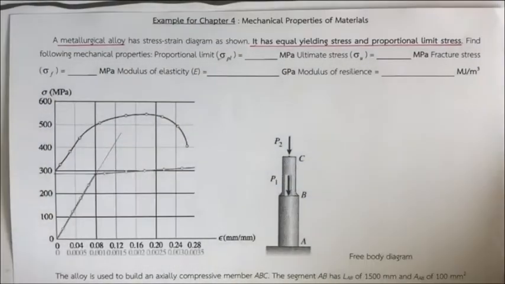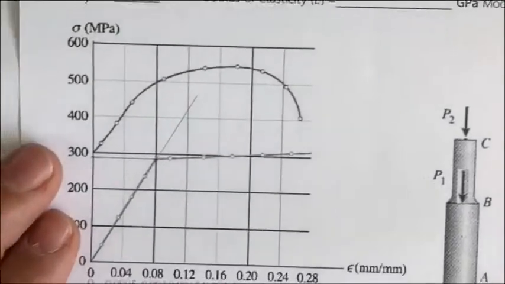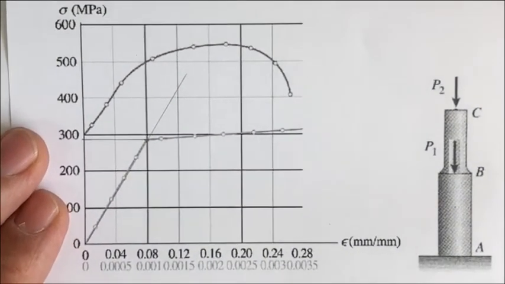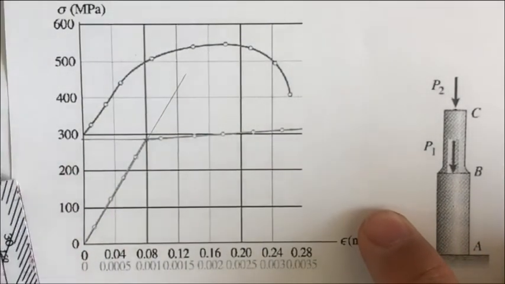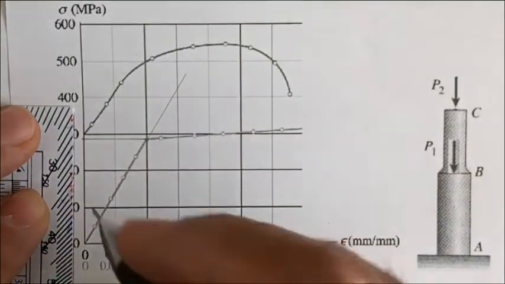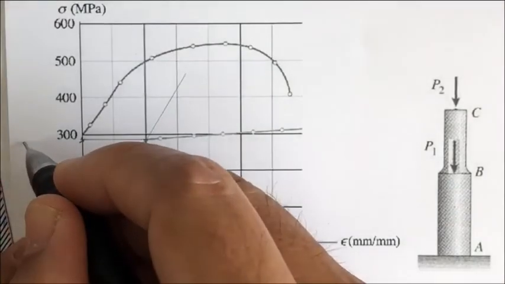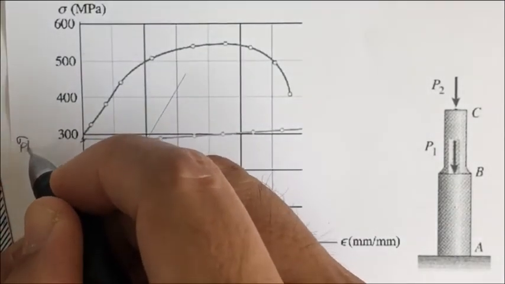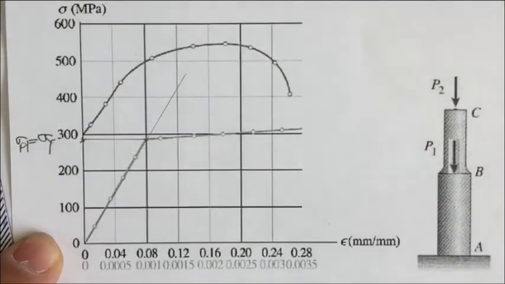Okay, and let me zoom in on this a little bit so we can work over it clearly. So what do we have now? You have this point as your proportional limit, and at this point the stress sigma sub PL is equal to sigma sub Y. How can you determine it?